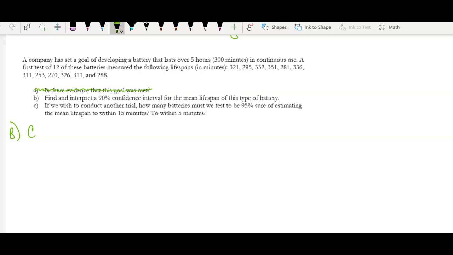So we're going to start by checking our conditions. It says the first test of 12 of these batteries, so it doesn't say random. We're going to assume 12 batteries were randomly selected, because I'm sure they did not just produce 12 batteries.